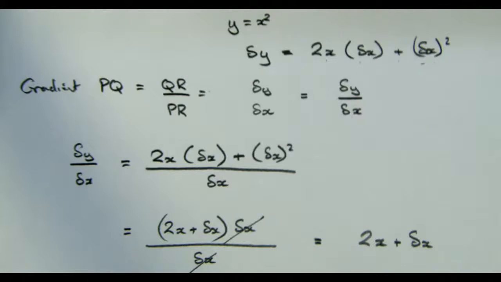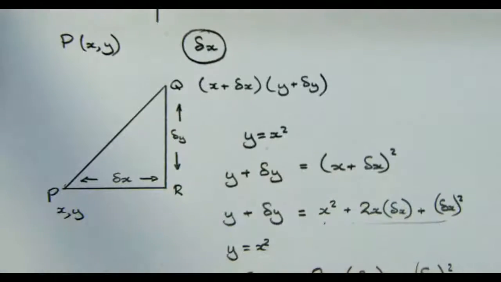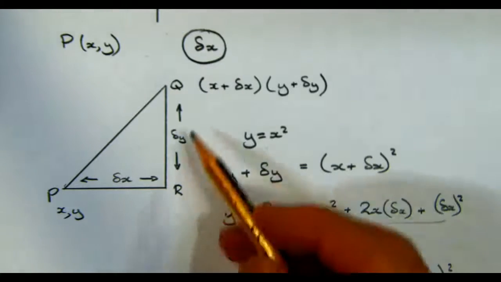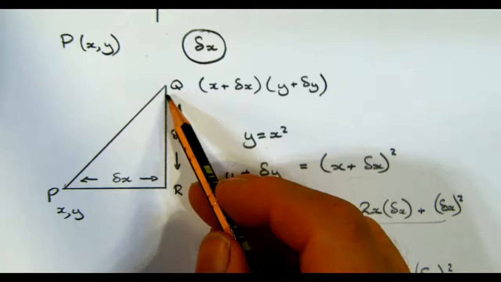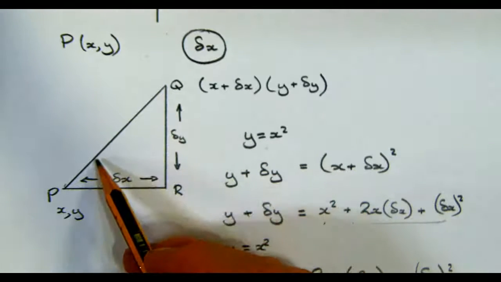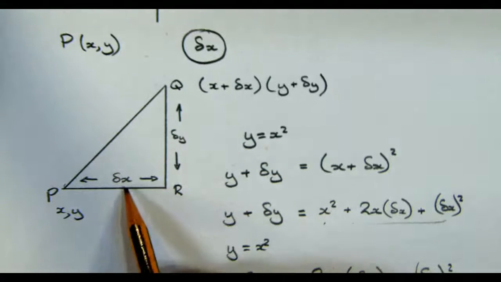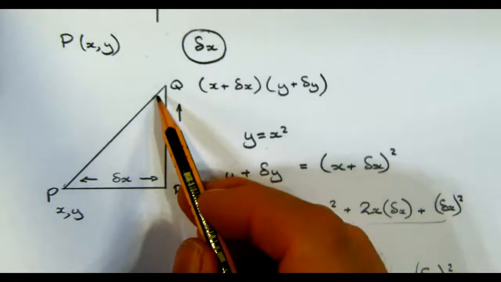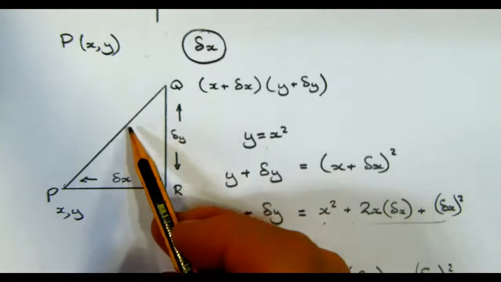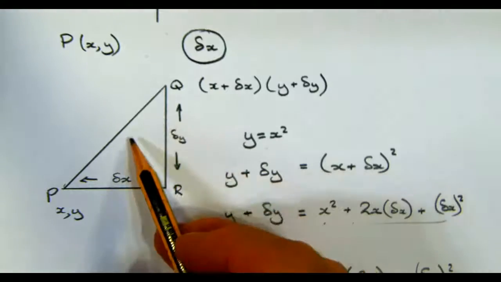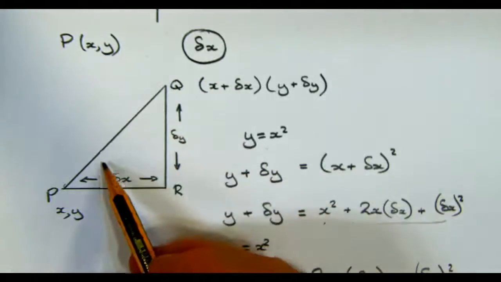Now we have to remember what we're doing. We're trying to calculate the gradient of the line PQ. As Q becomes nearer and nearer to P, this delta x is going to become nearer to 0.